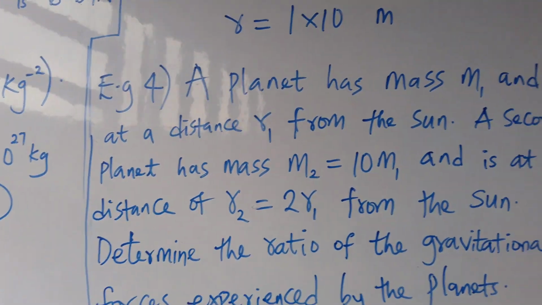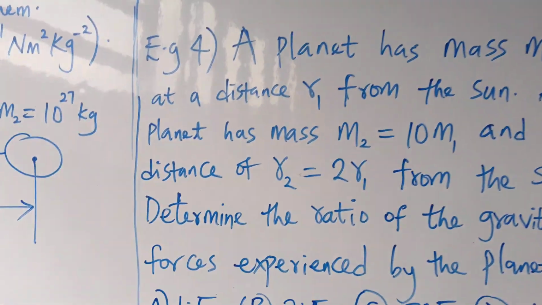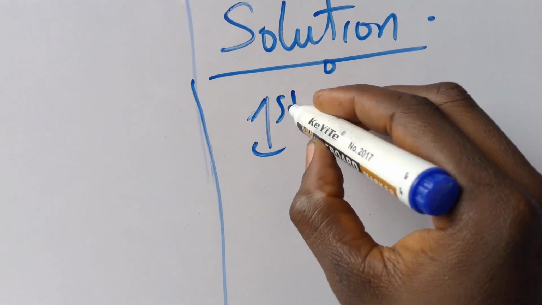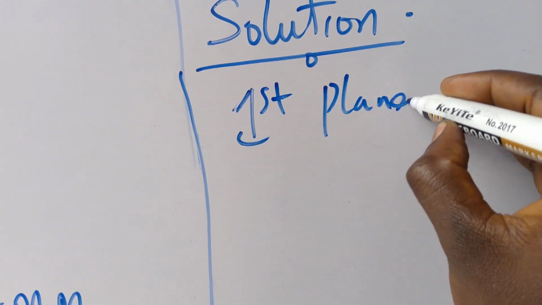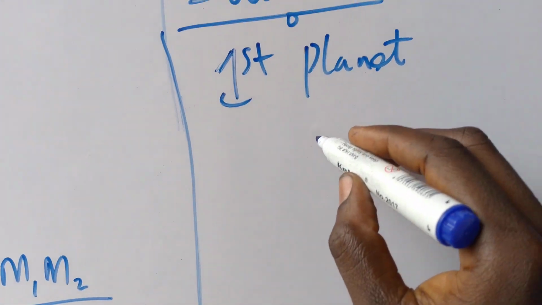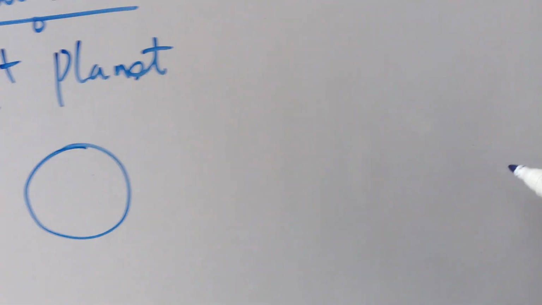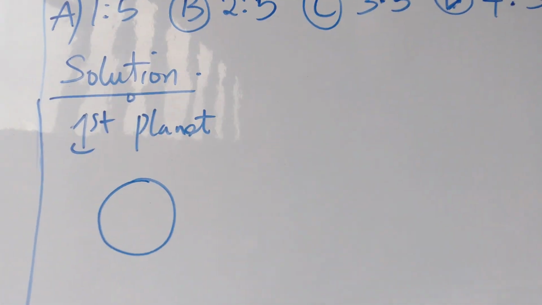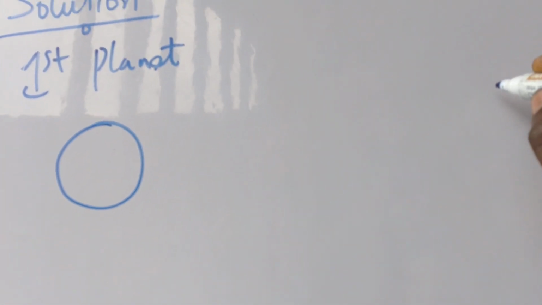Okay, so we look at that. The planet has mass m1. For the first planet, this is the planet, and this is the sun.